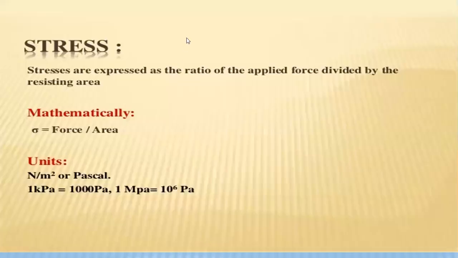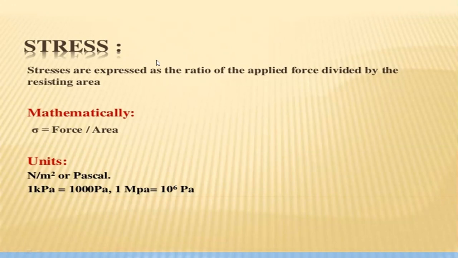First of all, what is stress? Stress is expressed as the ratio of applied force divided by the resisting area. There are different types of stresses based upon the area, based upon the load acting on that area, based upon the direction, and based upon the material.